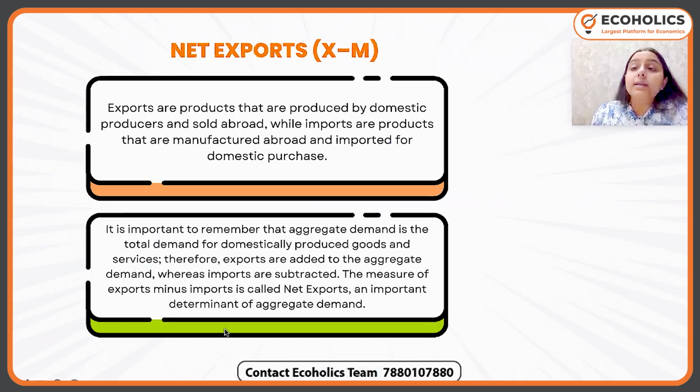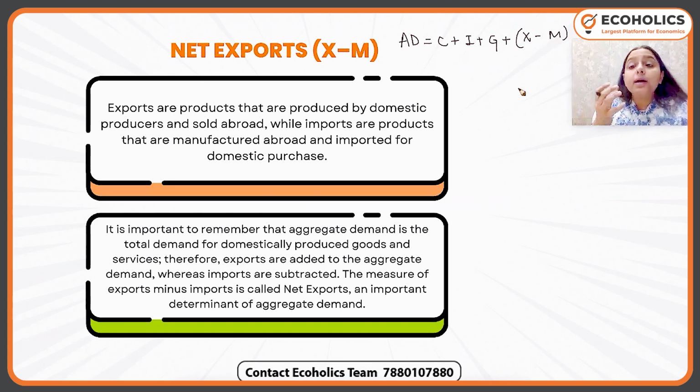Now, after this, net exports. Why are we adding exports in our aggregate demand? We are adding consumption, investment, government spending. Exports are getting added, but imports are getting subtracted. Aggregate demand means that in the economy, what is being produced to satisfy the demand?